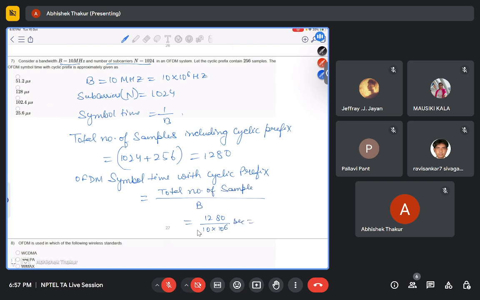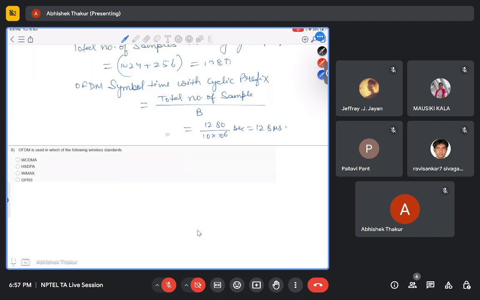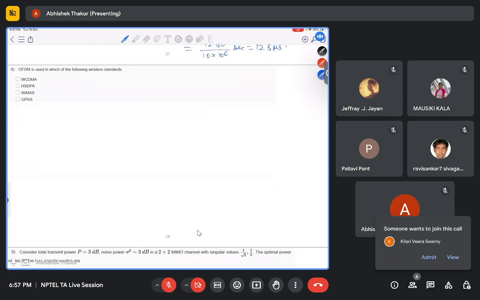So this will become 128 microseconds. So option B is the correct answer for this question. Now, OFDM is used in which of the following wireless standards? So OFDM is used in WiMAX.